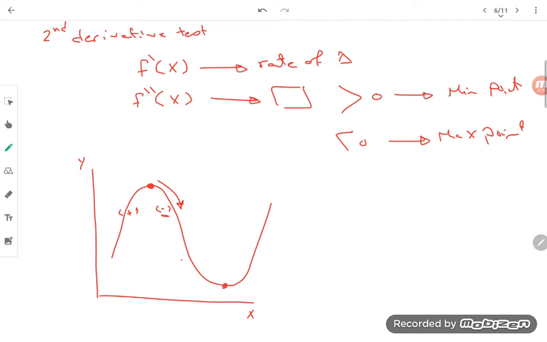In this other case, the value is decreasing before reaching the minimum point, and after this point, the value is going to increase, so it is positive. So if it is greater than 0, positive, this is a minimum point. If it is less than 0, negative, it is a maximum point.